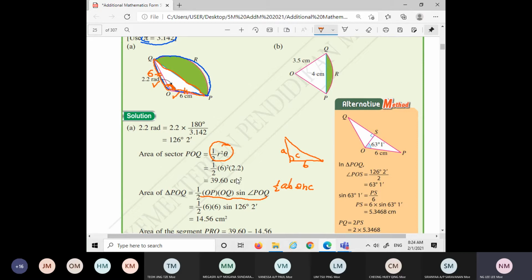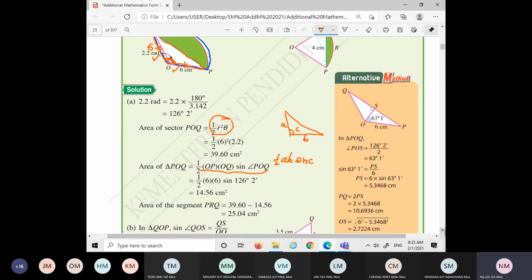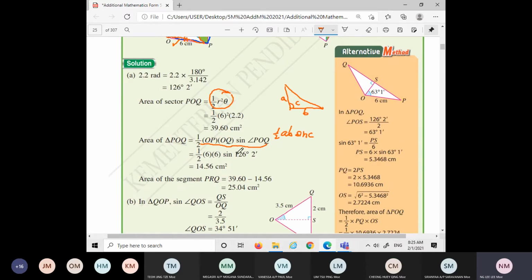After that you just minus: area of sector minus area of triangle, then you will get the area of segment. So you see 39.60 minus 14.56, then you get the answer. This is the first method to find the area of the triangle. All together we'll have 3 methods here.